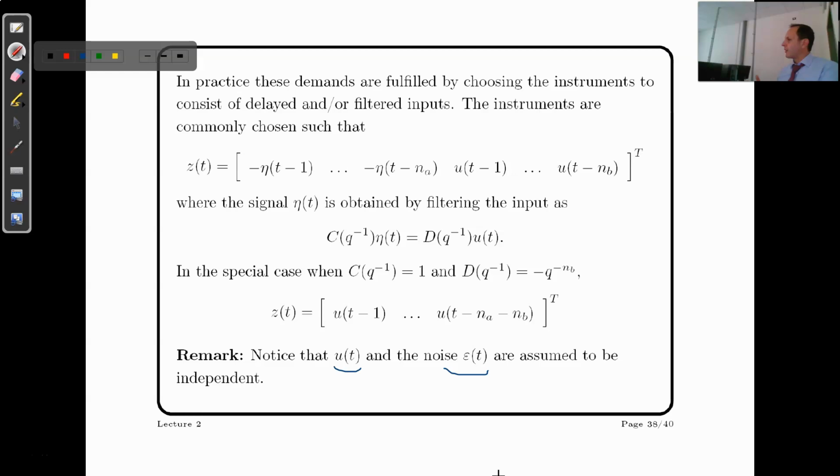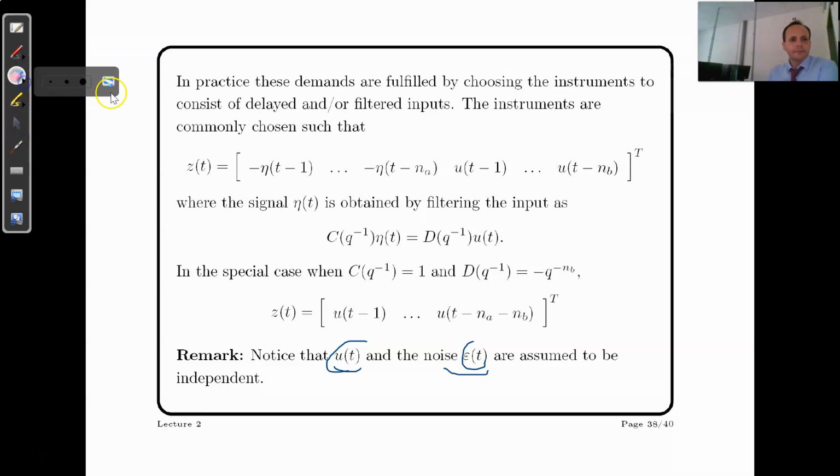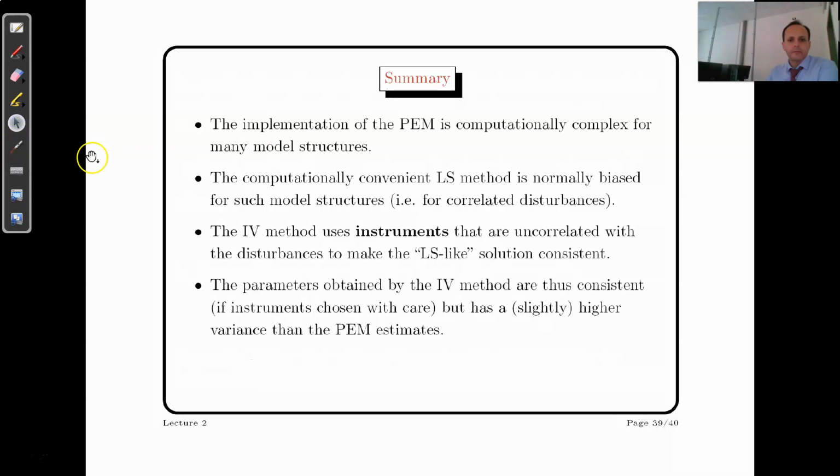Not only uncorrelated, but something more, it is independent, because you know that U is deterministic and epsilon is stochastic. The condition of independence is stronger than uncorrelation. So this was just a sketch of this method.